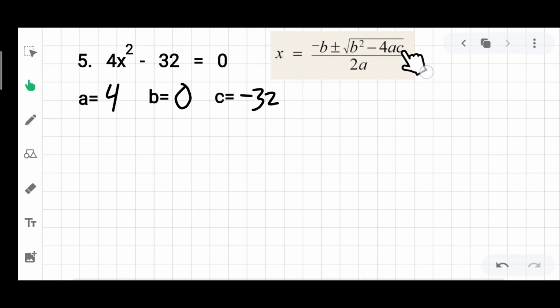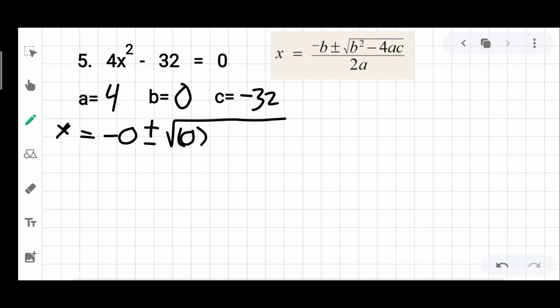So, ngayon, pwede na tayong gumamit ng quadratic formula. So, x equals negative b, yung b natin 0, plus or minus square root of b squared, which is 0 squared natin, minus 4, a natin is 4, and then c is negative 32.